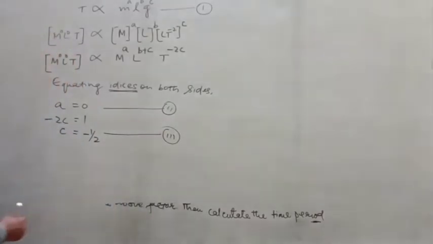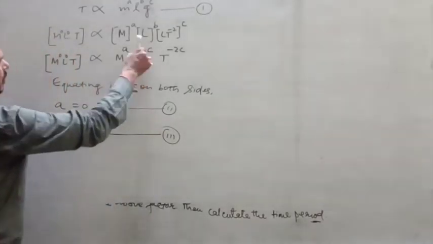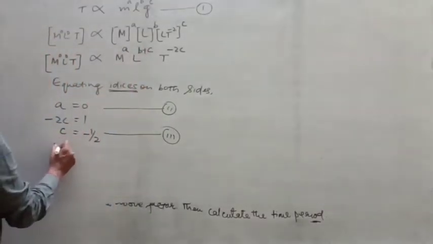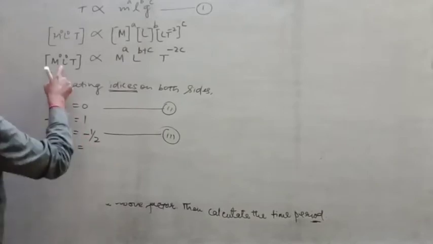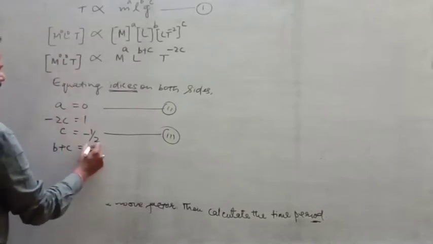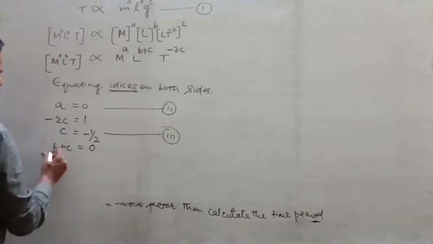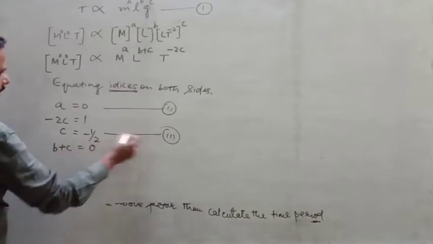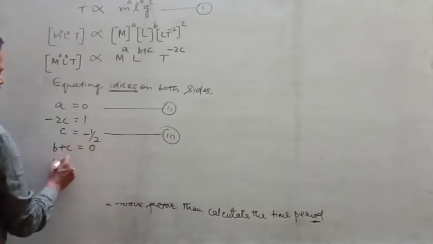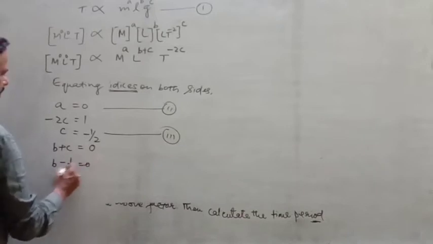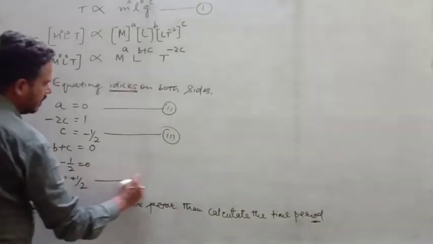Then for L, the power is b plus c, and on the left it is L to the power 0, so b plus c is equal to 0. Now put the value of c from equation 3: b plus minus half is equal to 0. So b is equal to plus half. Next equation.